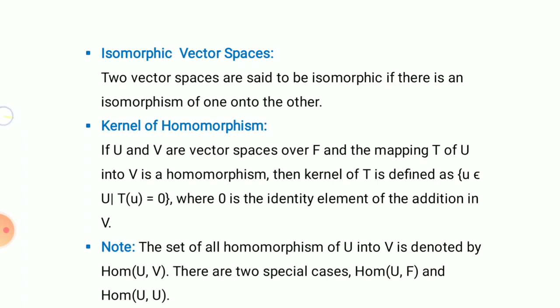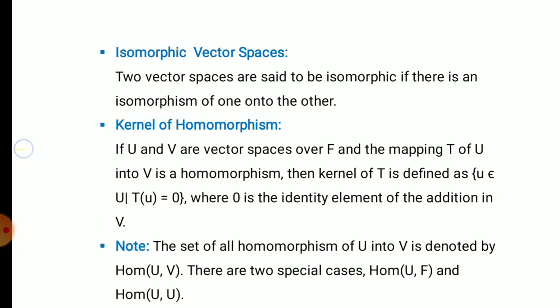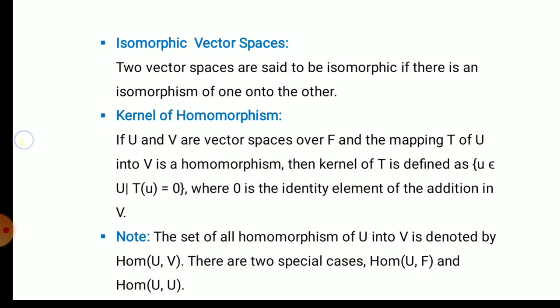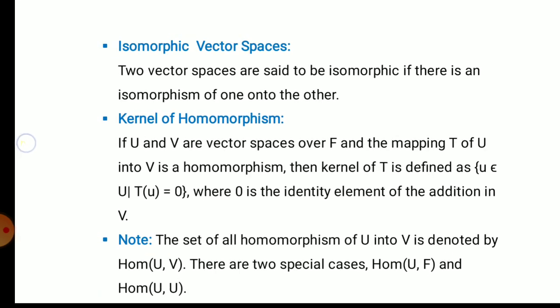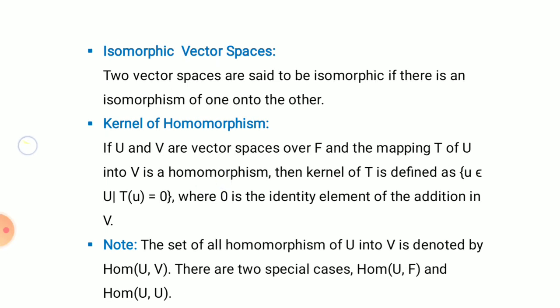If U and V are vector spaces over F and the mapping T from U into V is a homomorphism, then the kernel of T, that means the kernel of homomorphism T, is defined as a set.